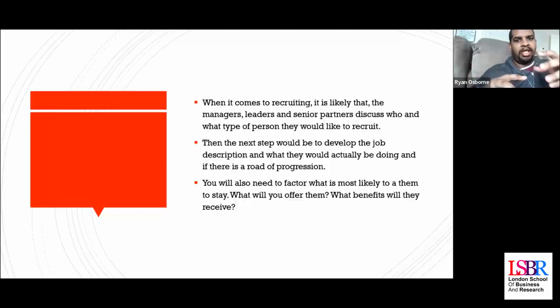So when the managers, the leaders, and the senior partners come together to bring about a new department, let's say, they're looking for people to fill those roles.